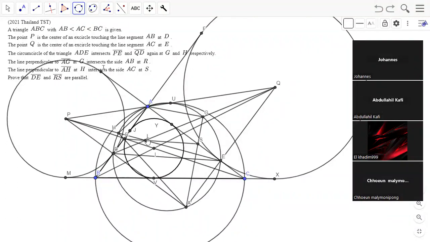Let's see. We use a lot of sines to get AR over AS.